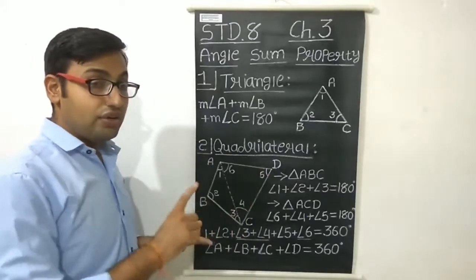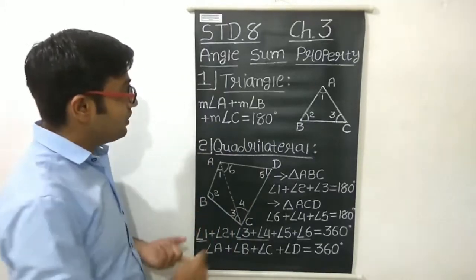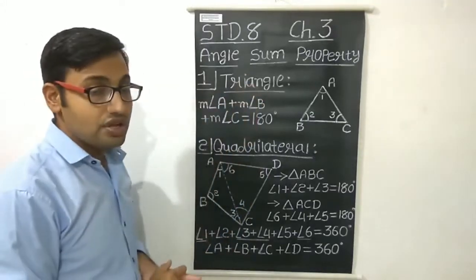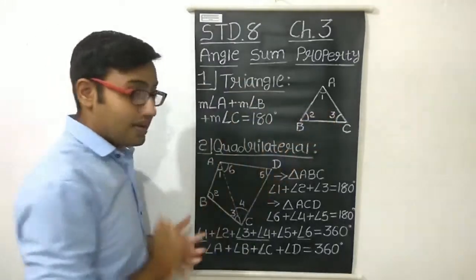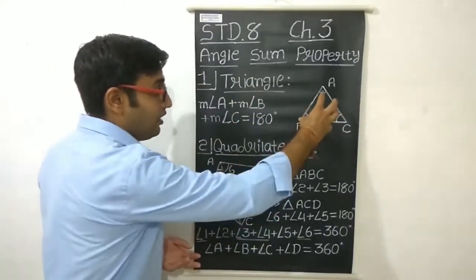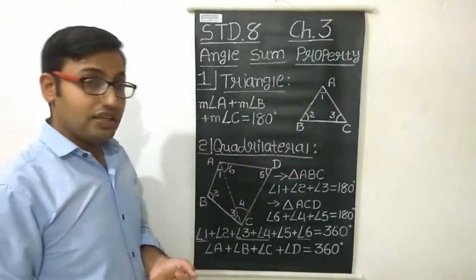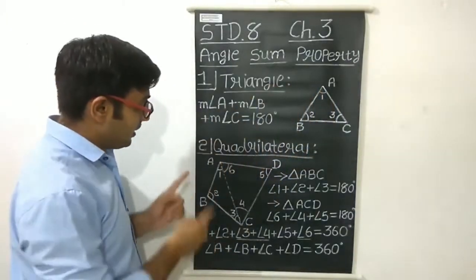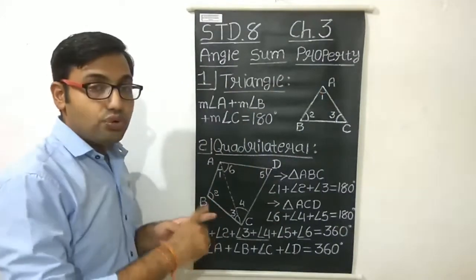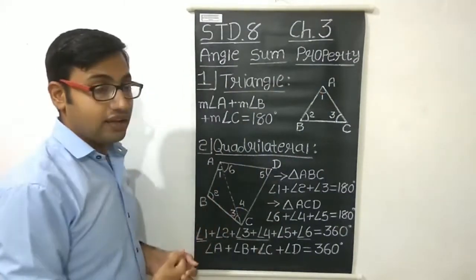Why do we divide it into triangles only? Because we know the angle sum property of triangles. So whenever there is a triangle, we can say that the sum of all three angles is equal to 180 degrees. That is why we divide the quadrilateral into two triangles.